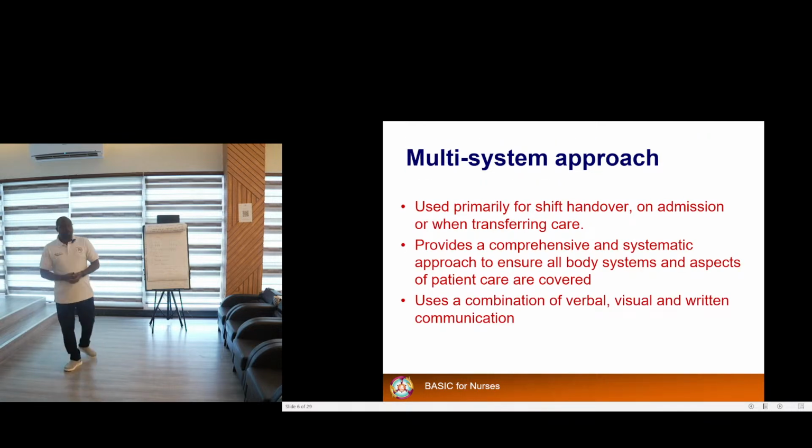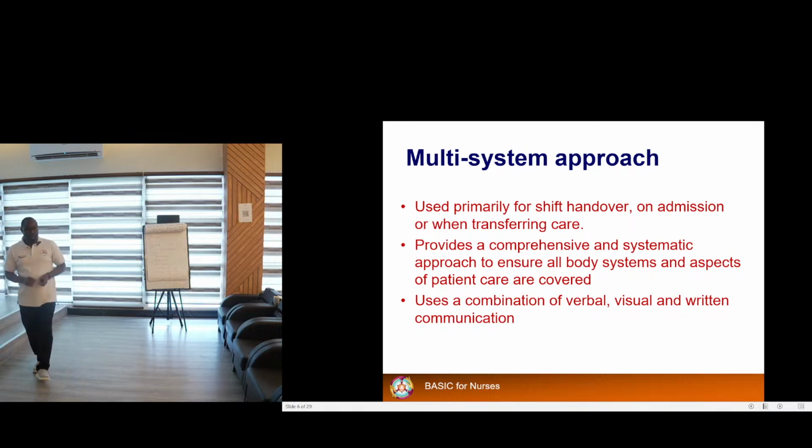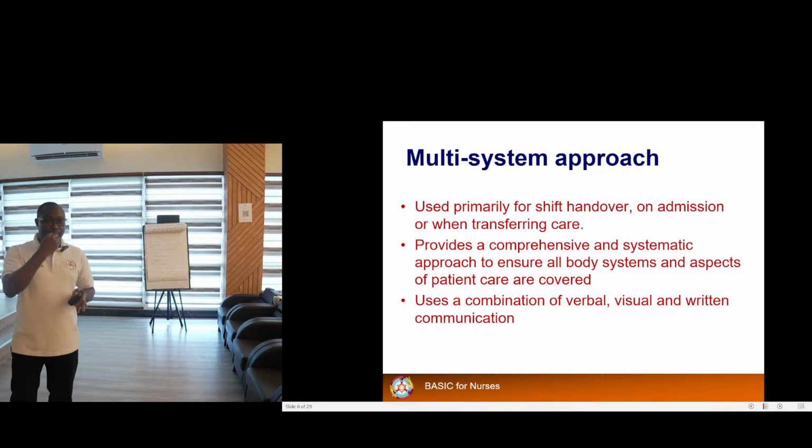So the multi-system approach. In the ICU, a patient does not have only one system problem. You may have different systems. The feeding that we are talking about is one of those situations. You are giving feeding. Feeding is what? It is the GIT, right? So the GIT has to be assessed from what you give and what comes out.